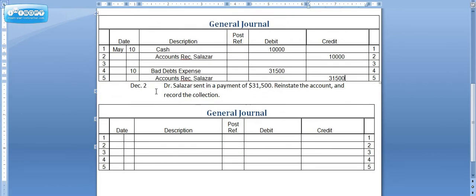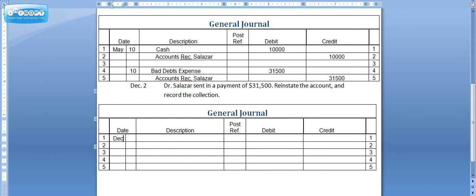Well, now we come down to December 2nd. Dr. Salazar is now sending us the $31,500. So now we have to reinstate the account onto our books.